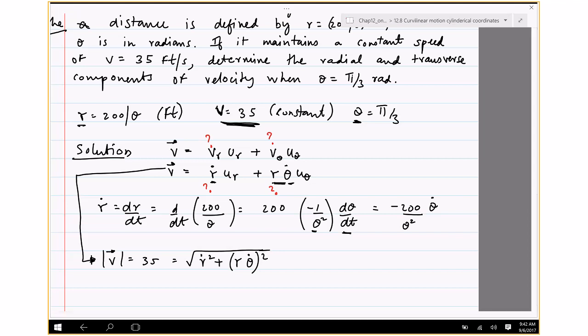So r dot is right here, 200 over theta squared times theta dot, squared, plus r times theta dot, where r is given as 200 divided by theta, and theta dot is an unknown.